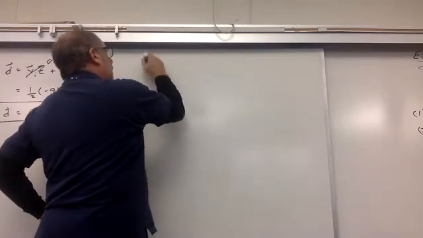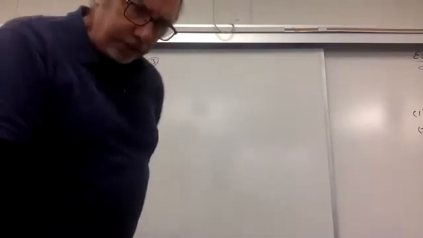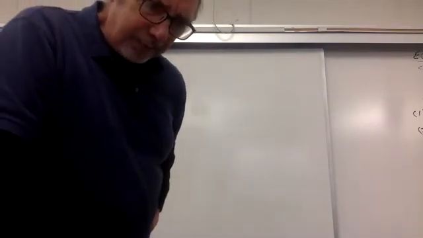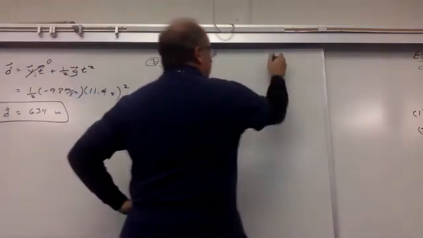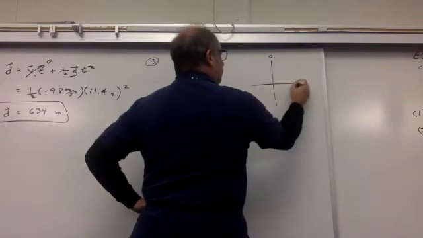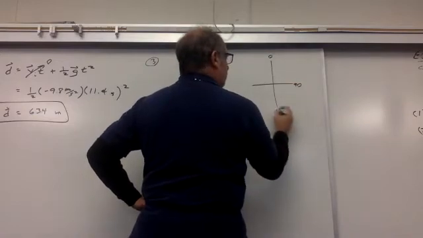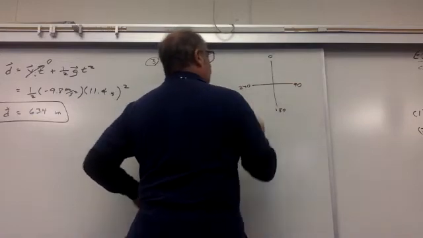Number 3, it says a man walks with a velocity of 1.5 meters per second at 300 degrees. Reference compass here: 0, 90, 180, 270.